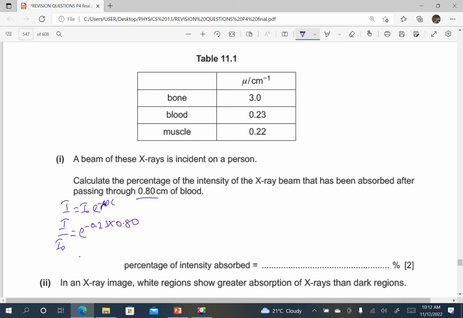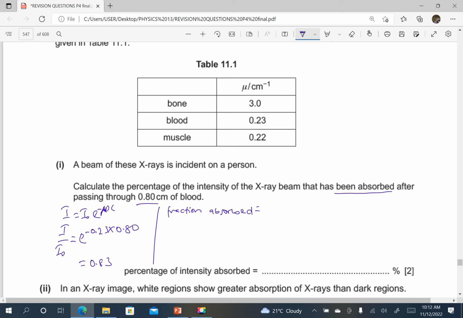So what has been transmitted, from my calculator, is 0.83. That means what has been absorbed, because we want the fraction that has been absorbed, is going to be 1 minus 0.83, which is 0.17.